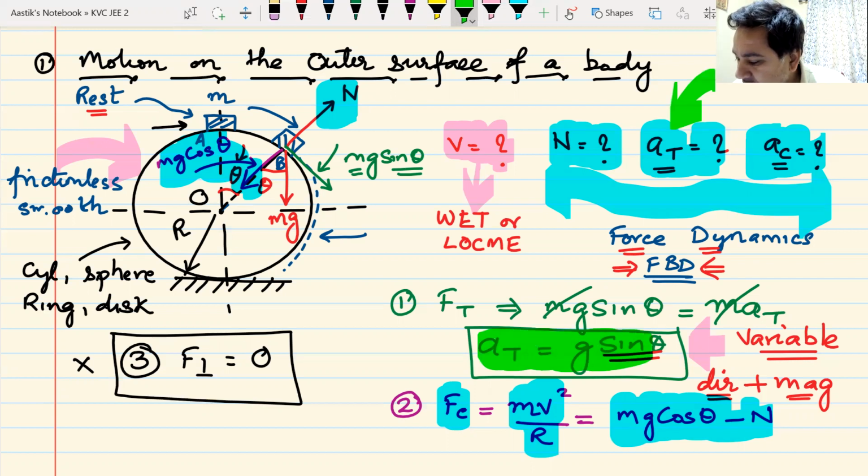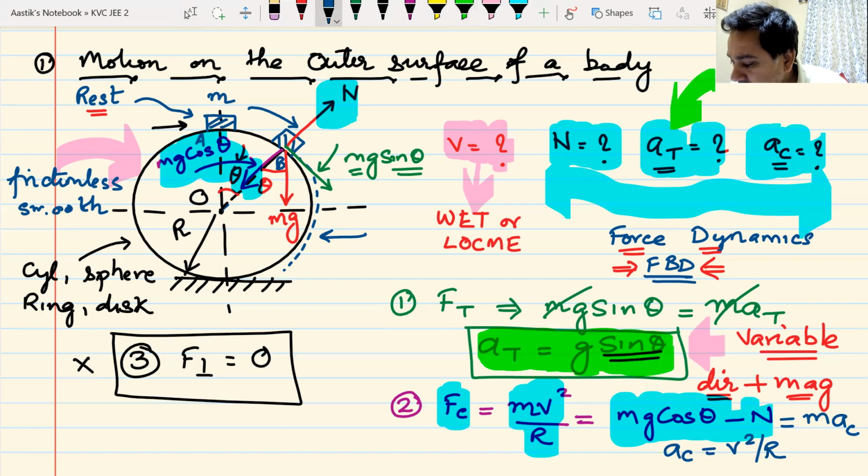Now, I can write this as centripetal force, which is nothing but m into AC, because I know that this AC is nothing but V square by R. Do we understand this? So if I get the value of velocity, I can find out centripetal acceleration.